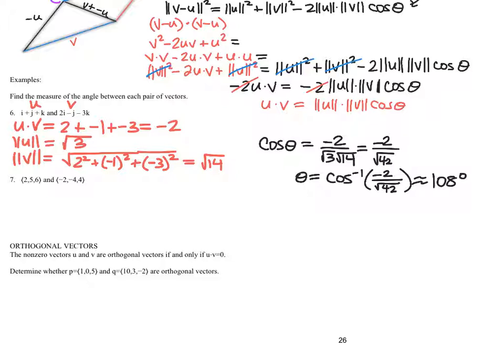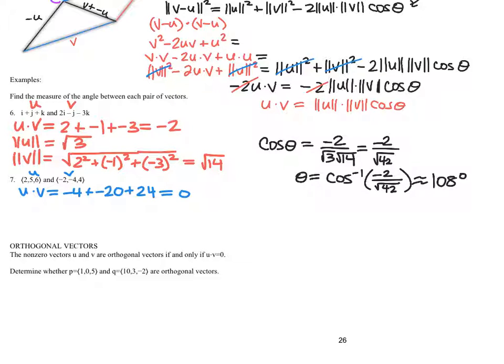All right. So the next one, same idea. We need the dot product of u and v. So again, just call one u and the other one we'll call v. So -4 plus -20 plus 24. All right, so that one gives us a clean 0.